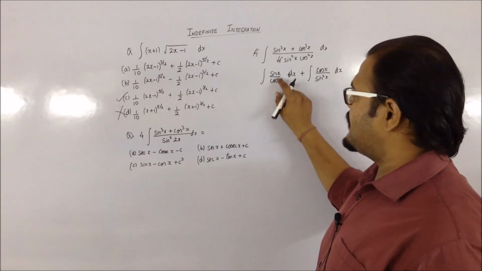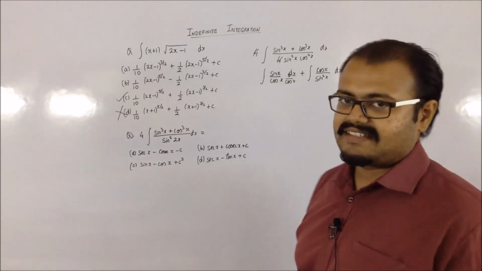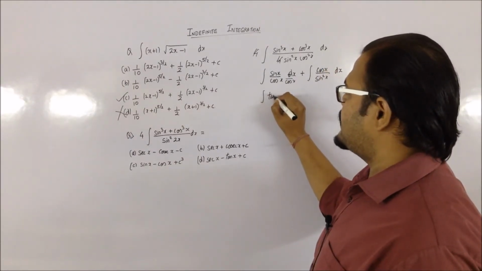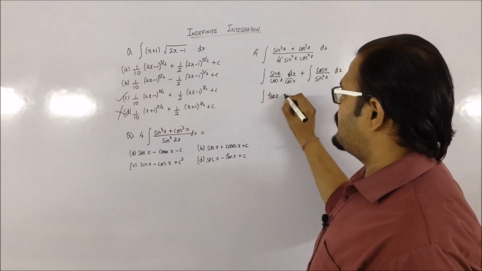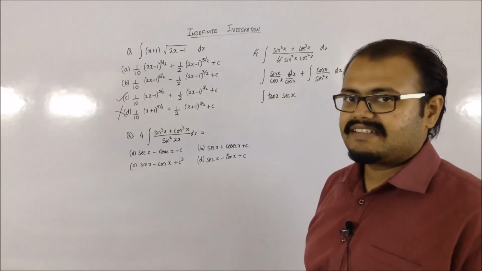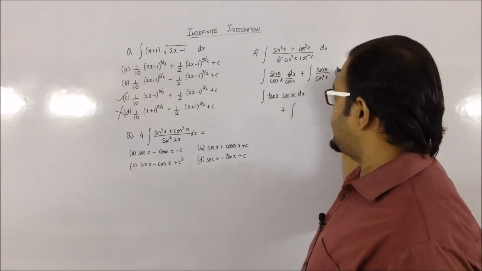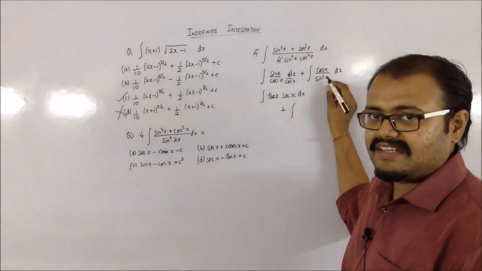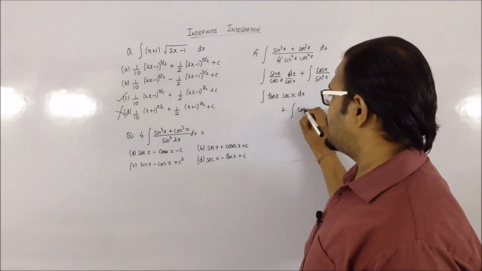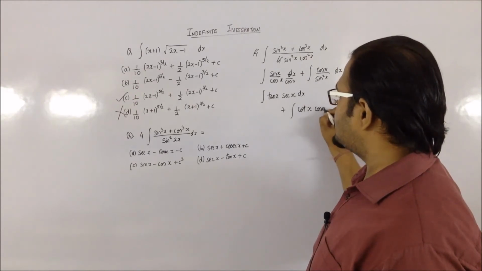Now in this, one of the cos you can combine with sin to make a tan. So you will be having tan x, and the remaining 1 by cos will become sec x. In the same way, one of the sin will combine with cos to become cot, so you will be having integral of cot x, and 1 by sin will be cosec.